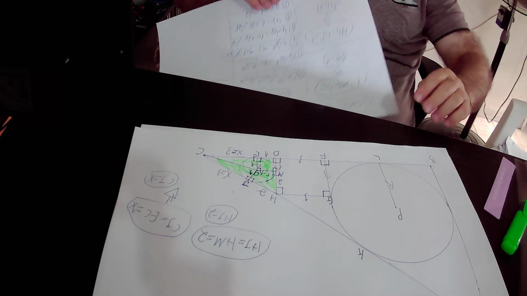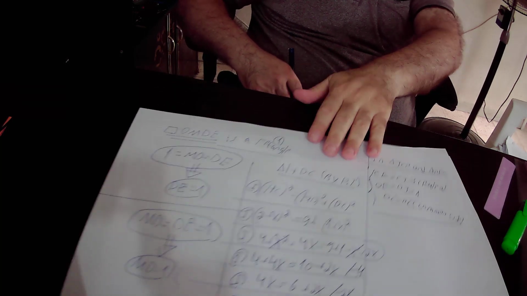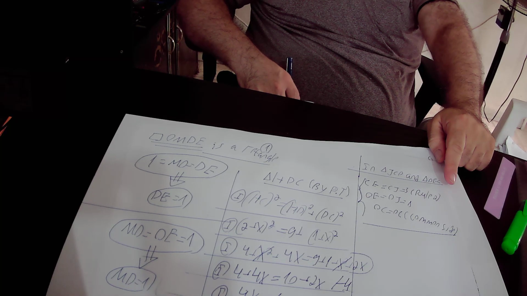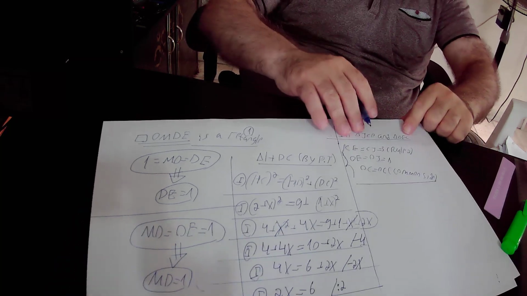So we actually found out that the two green right triangles can go into each other according to side rule. So I write it down.